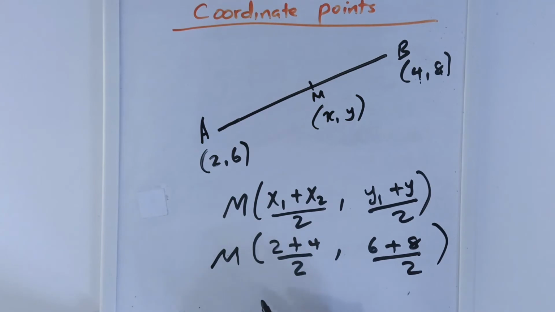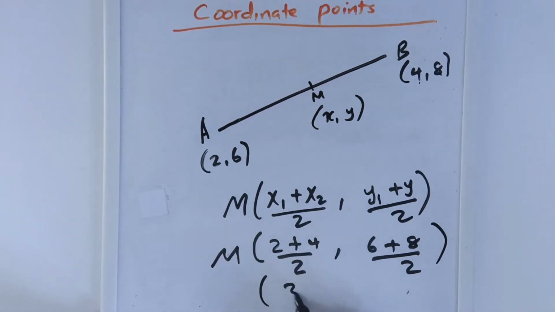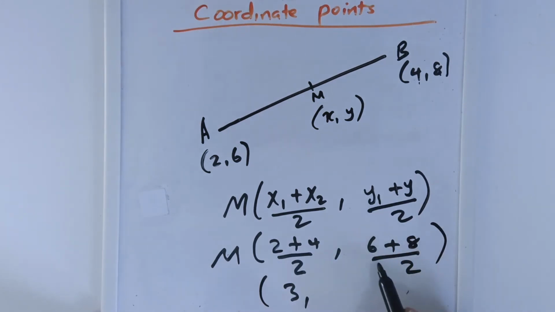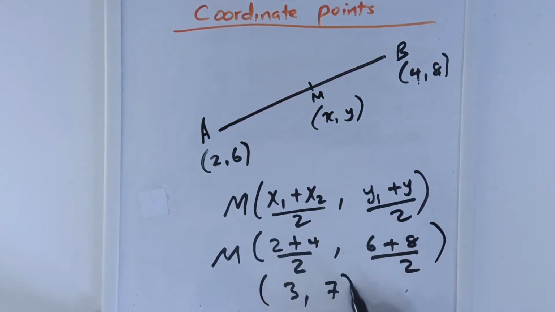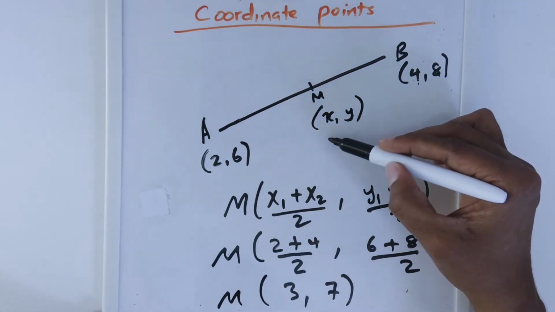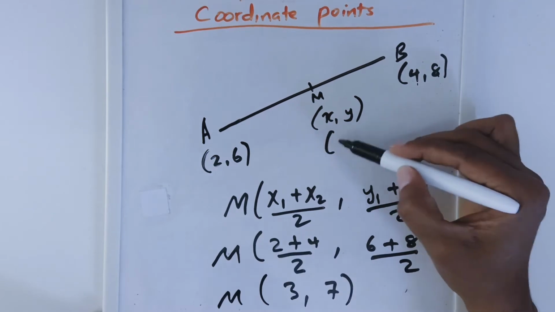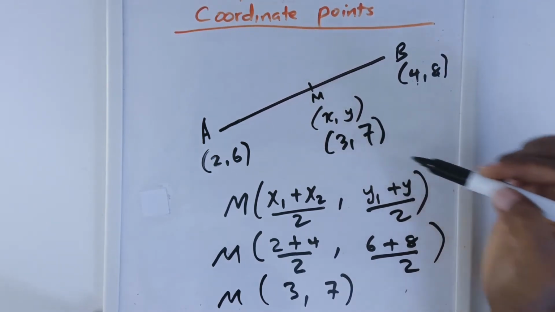So the midpoint M is equal to 2 plus 4 is 6 divided by 2 is 3. 6 plus 8 is 14. 14 divided by 2, 7. So that is the midpoint in this given example, 3 and 7.